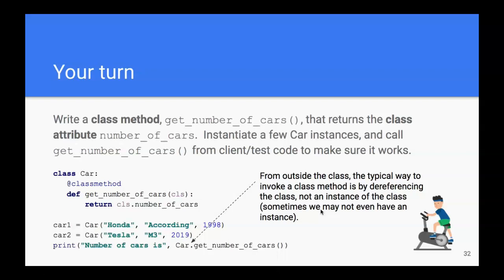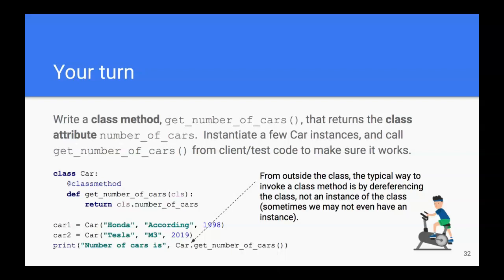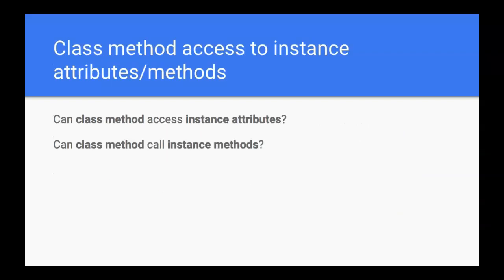And also, because this information doesn't belong to any particular instance, it makes more sense to invoke it through the class itself. Okay, so that's so much about class methods.